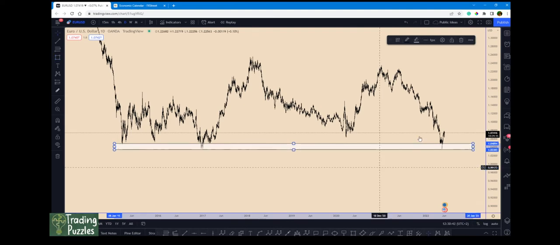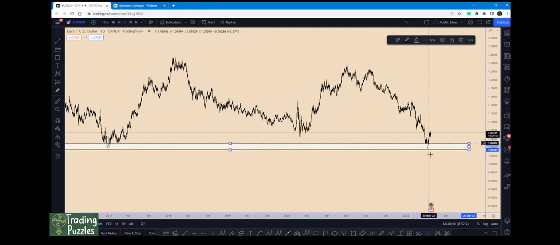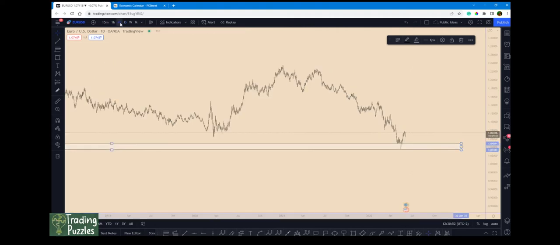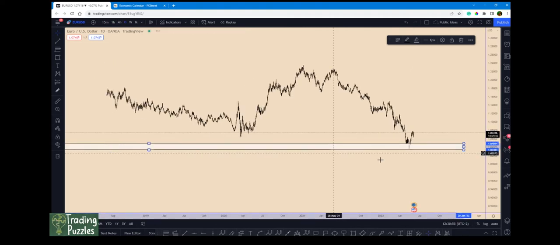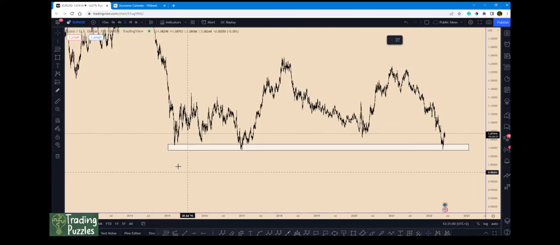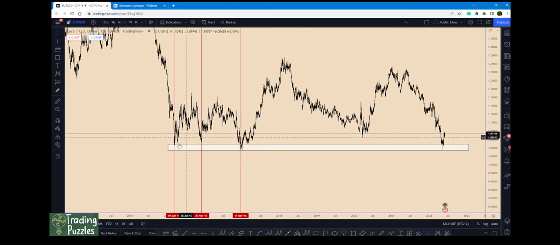This was the historical area that the price tested on the weekly time frame. I'm on the daily one right now. We can see the price jumped up again. We can see that this area was a very sensitive and very old area. Look at why the price moved back up when it retested this zone.